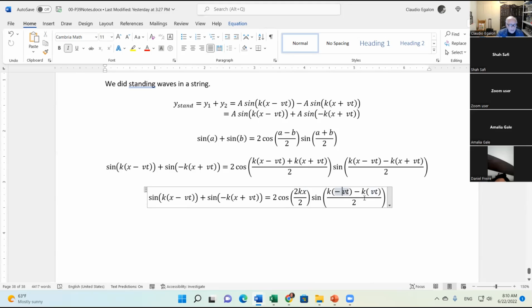We have 2 kVt with a negative sign in there.